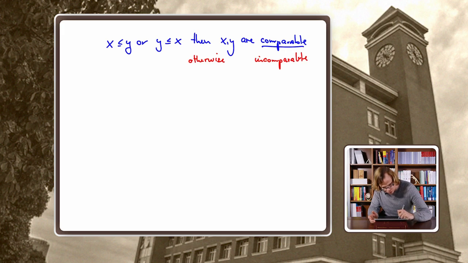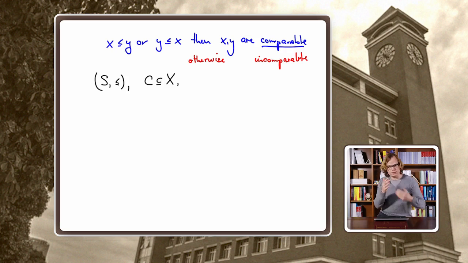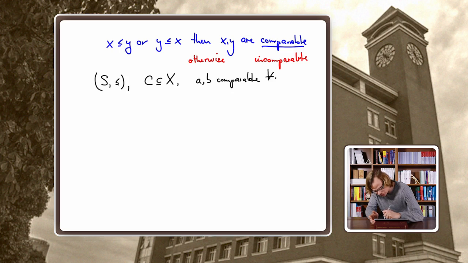And if you have an ordered set, and you have a subset C, and everything in C is mutually comparable, like A and B are comparable for all A, B in C, then we call C a chain.